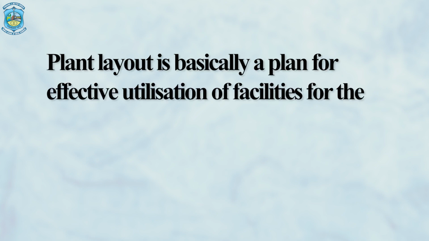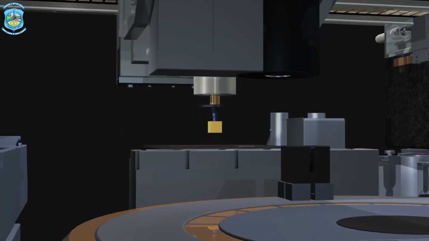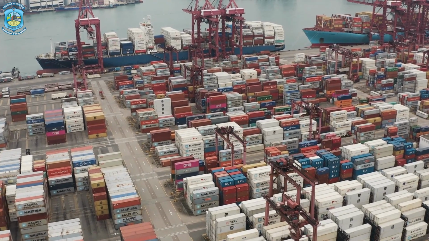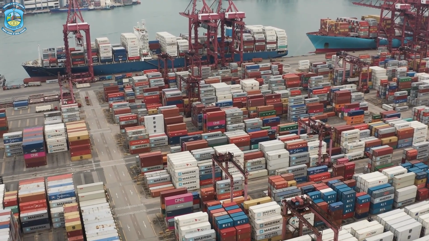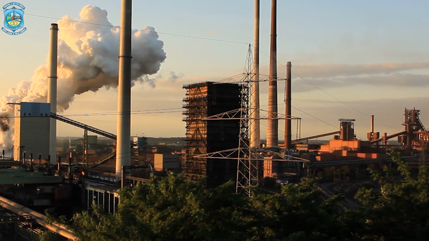So now, in the context of business organization, plant layout is basically a plan for effective utilization of facilities for the manufacturing of the products, involving a most efficient and economical arrangement of machines, material, personnel, storage space and all supporting services within the available floor space, so that continuous and steady movement of the production cycle takes place.